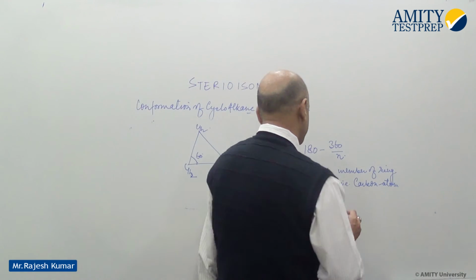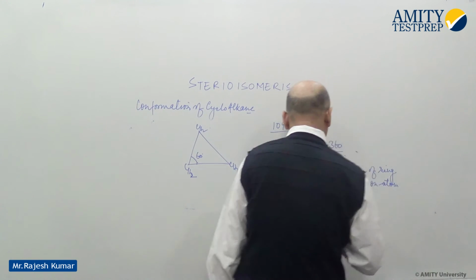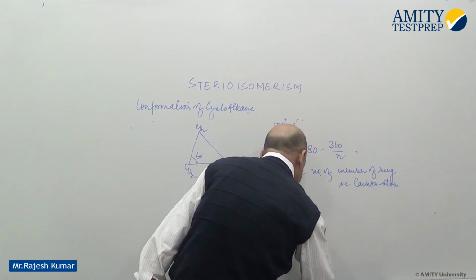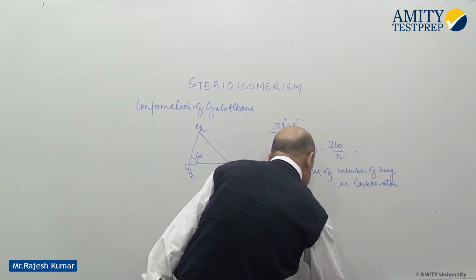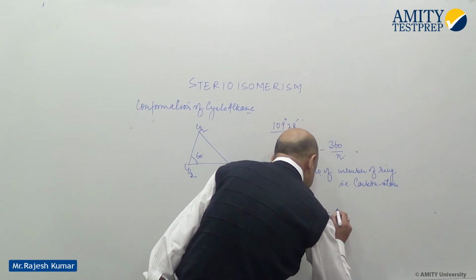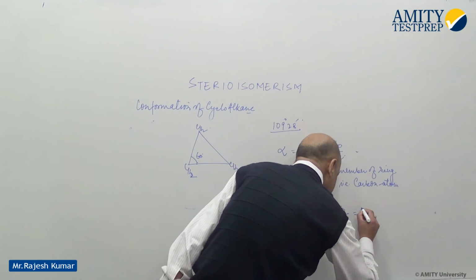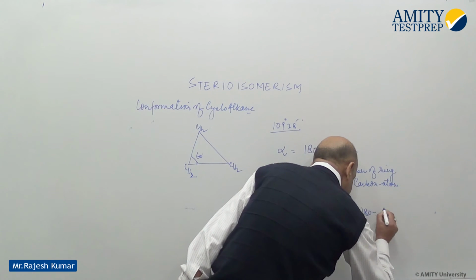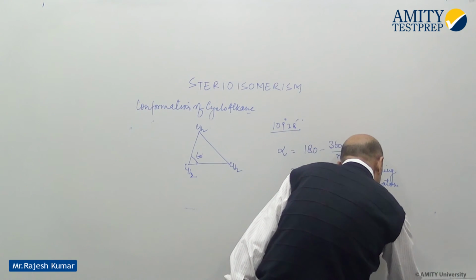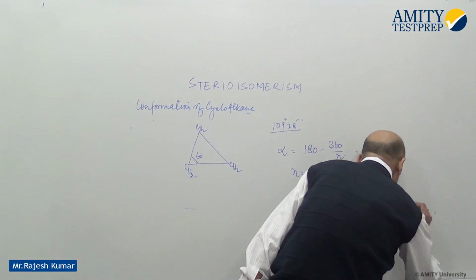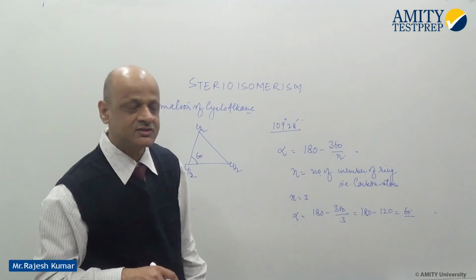Take the example of a 3 member ring. If n is equal to 3, then alpha is equal to 180 minus 360 upon 3, which is 180 minus 120, equal to 60 degrees. So in a 3-member ring, the bond angle is 60 degrees.